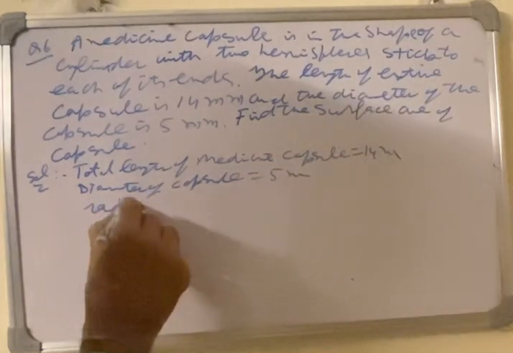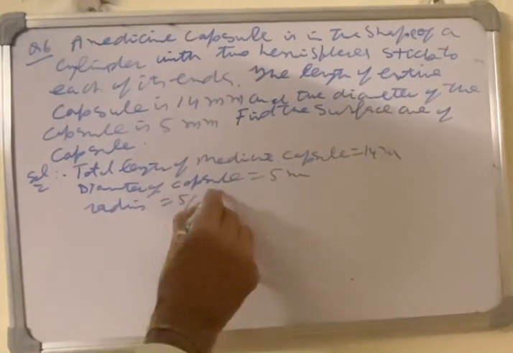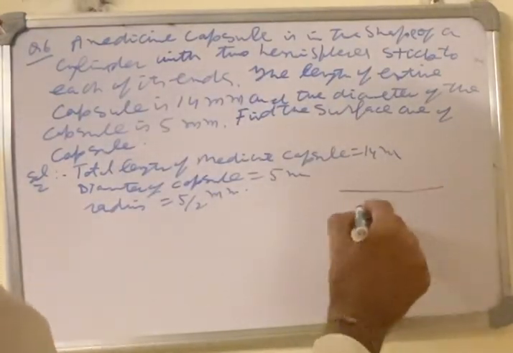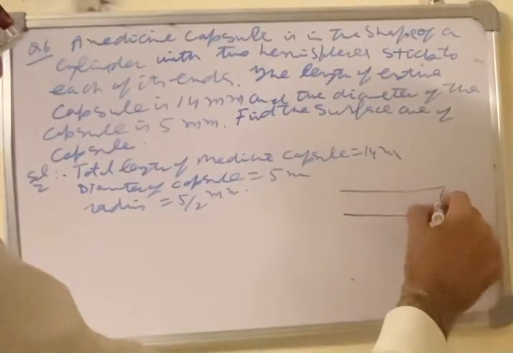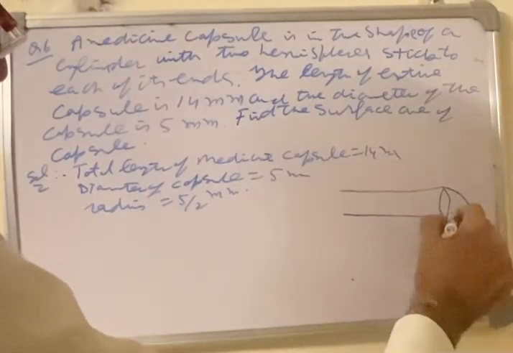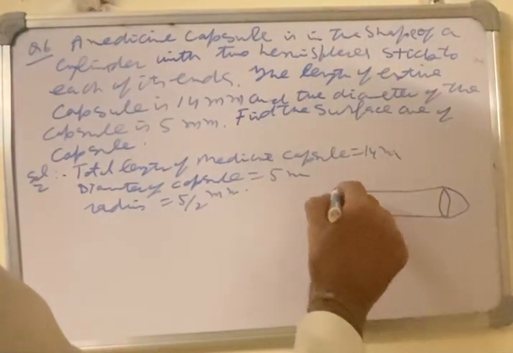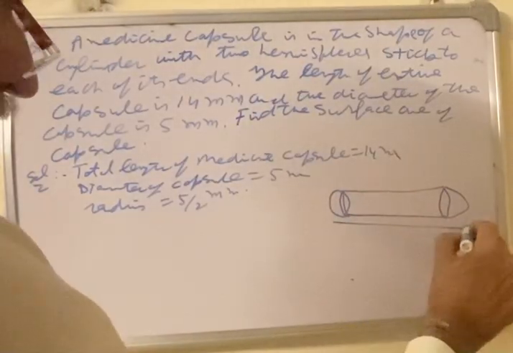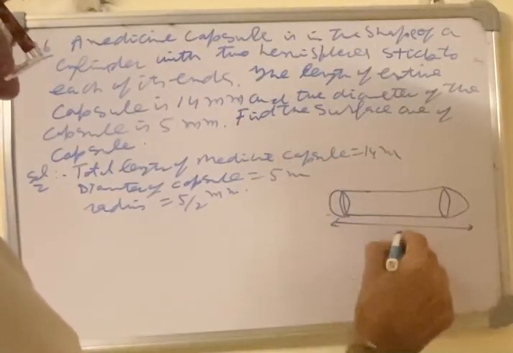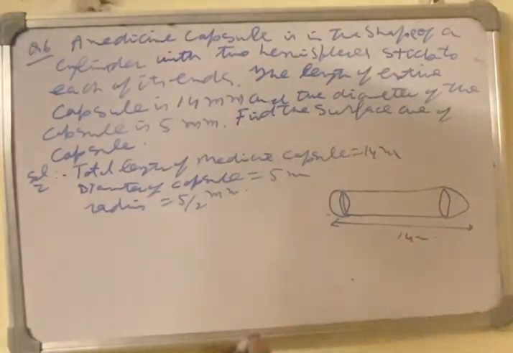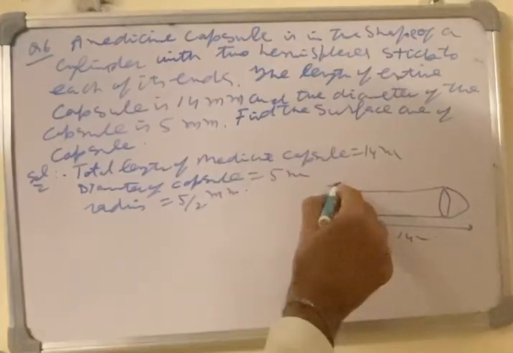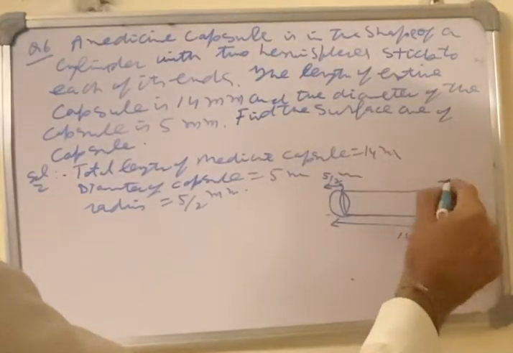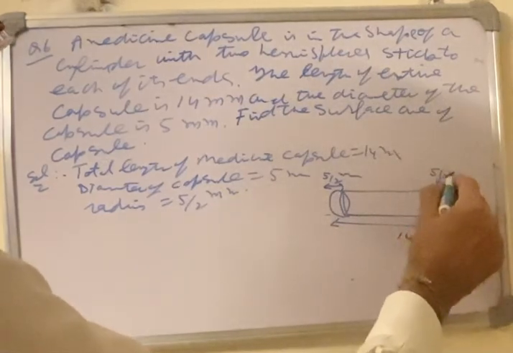Radius is 5 by 2 mm. Now this is the cylindrical part and it has two hemispherical parts stuck to the ends. Now this is 14 mm and this is 5 by 2 mm. This also 5 by 2 mm.